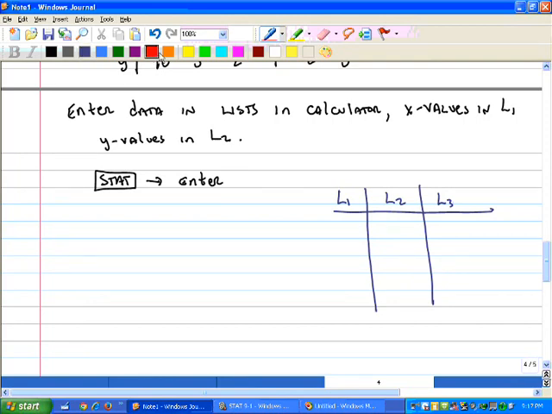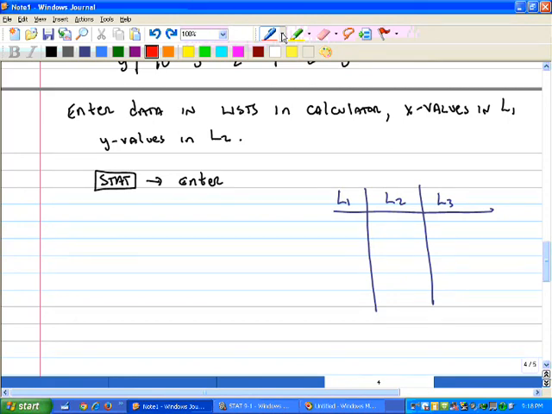To clear the data in list 1, scroll up, highlight L1, hit Clear, then hit Enter. Repeat that for list 2 and 3 if you need to.